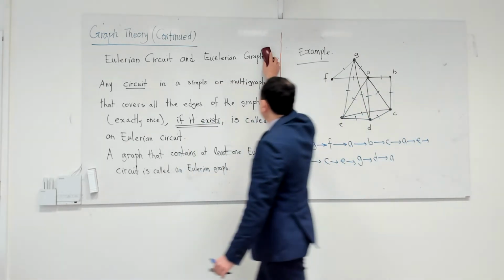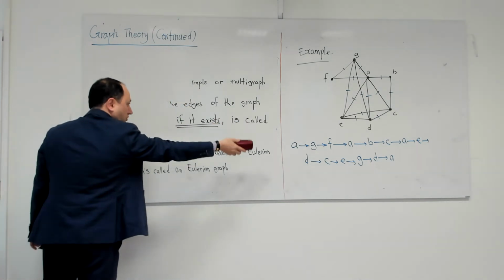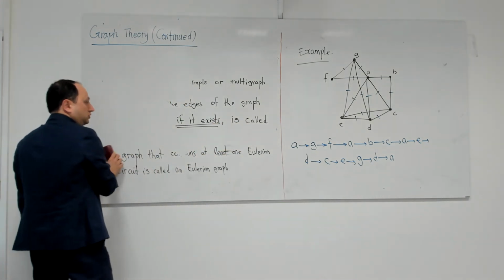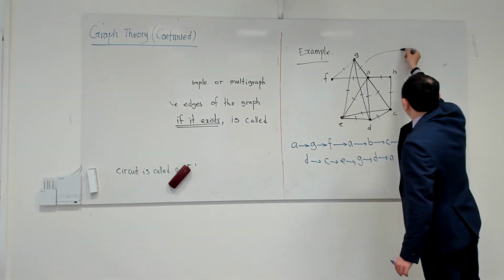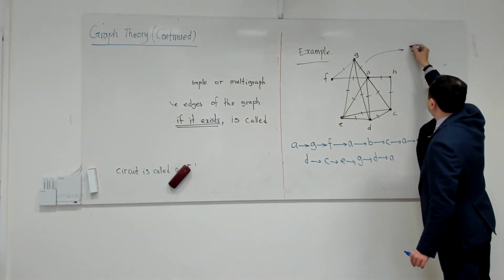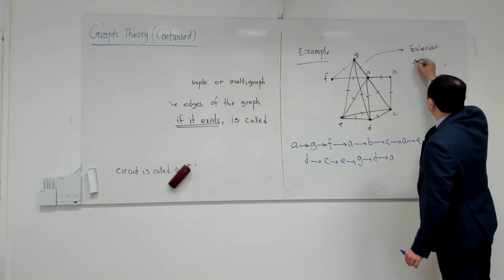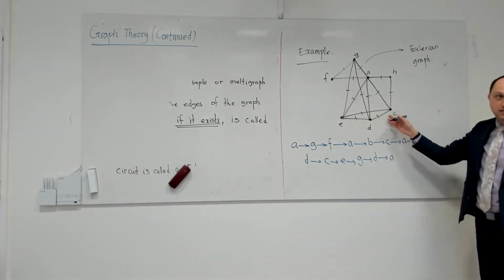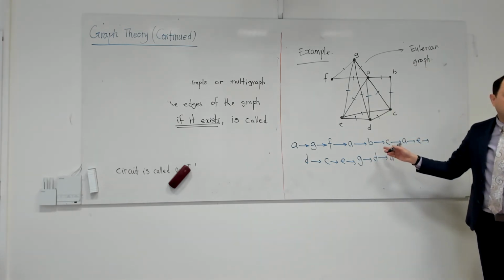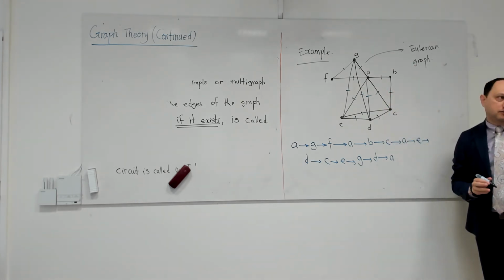But if you want to see if it is possible or not, you don't need to draw first and then conclude that it is possible. So what is the name of this graph? You can say that this is an Eulerian graph. Why? Because we were able to find at least one Eulerian circuit in the graph. So that is called an Eulerian graph.